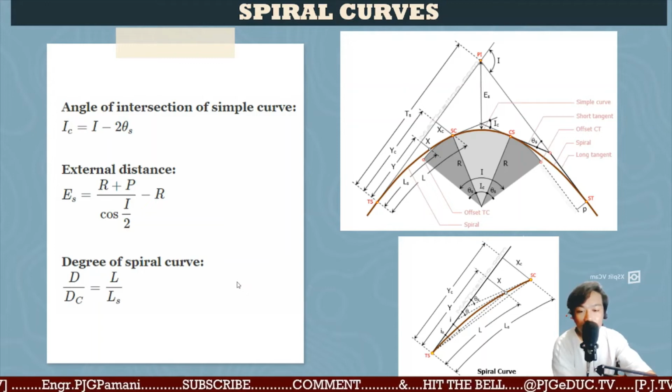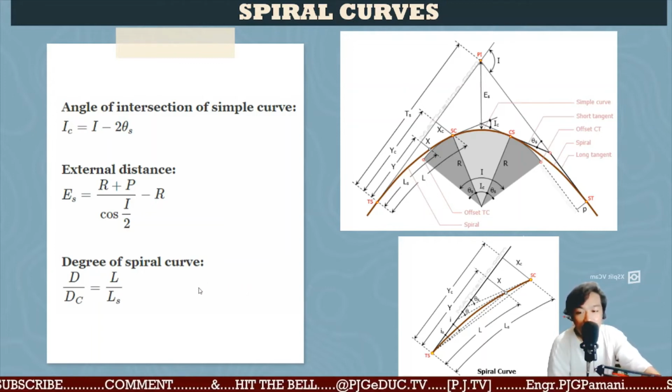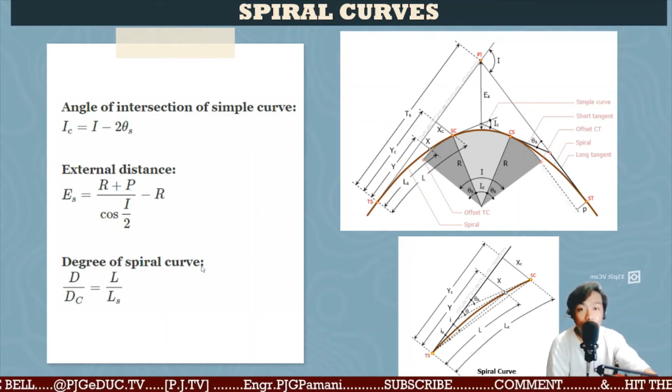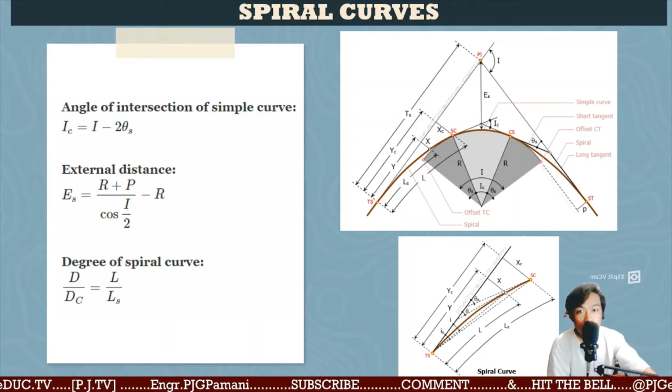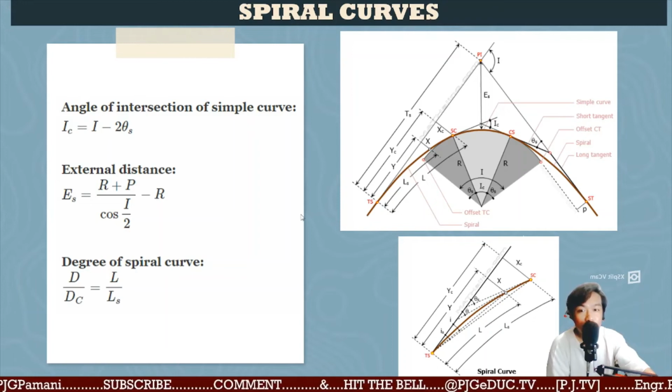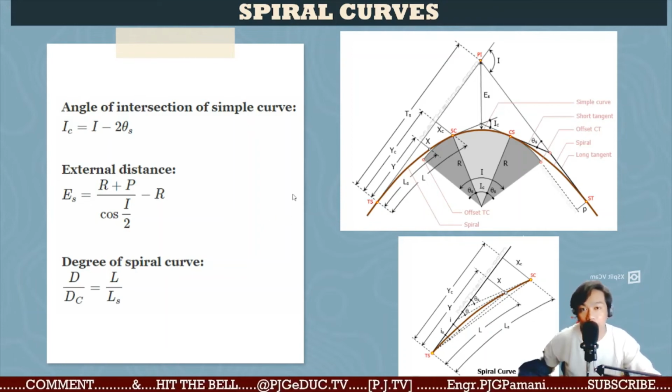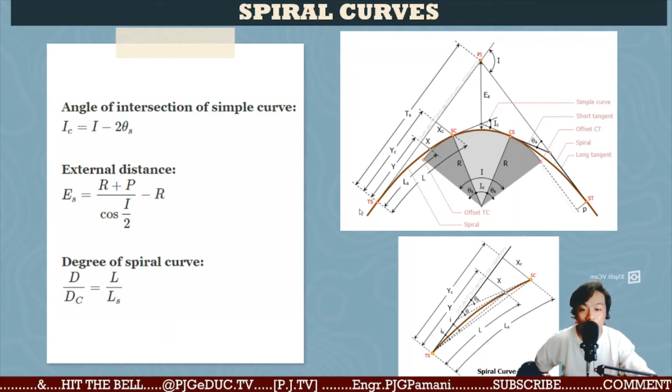More or less, yan lang naman po yung ating mga formula. Now, if you're being asked to identify the length of the spiral at the fourth quarter, gagawin nyo lang naman doon ay at the first quarter, it's just basically 1/4 of the total length of the spiral curve, or LS, 1/4 of LS.